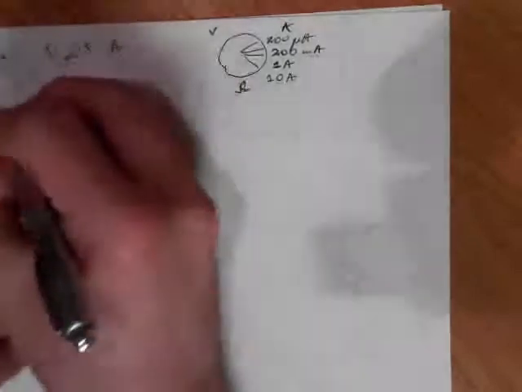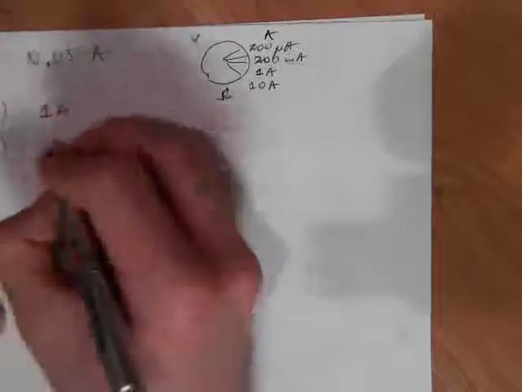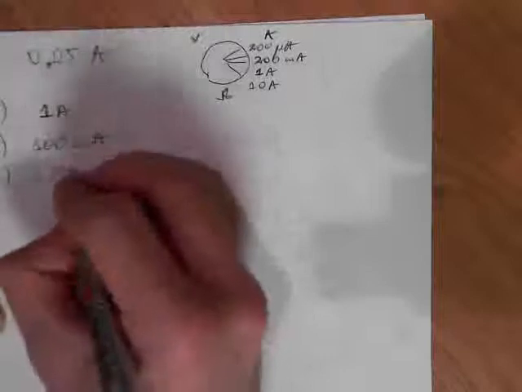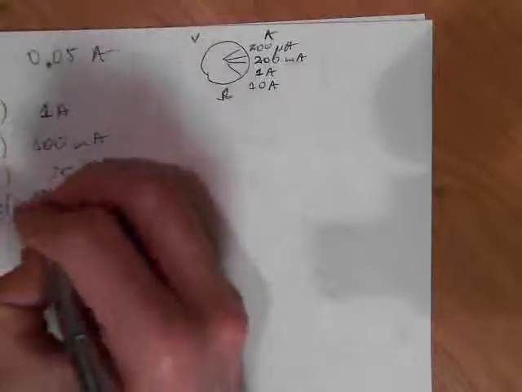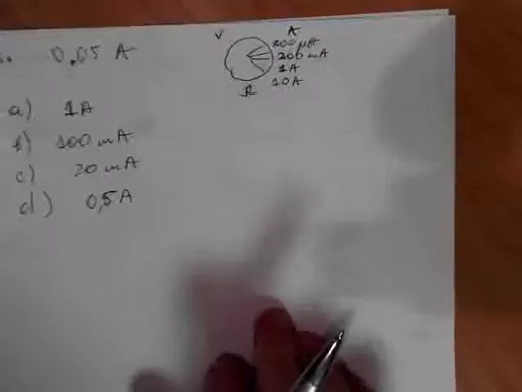So you will get a test. Imagine that answer A is 1 amp, B 100 milliamps, C 20 milliamps, D 0.5 amps. What is the answer?